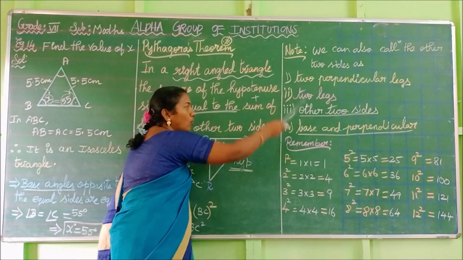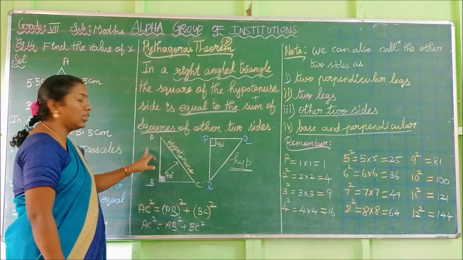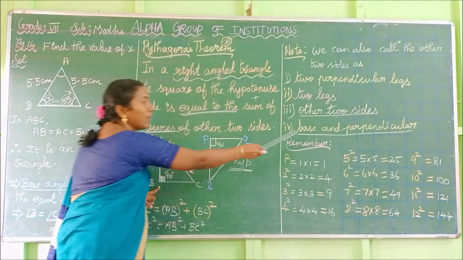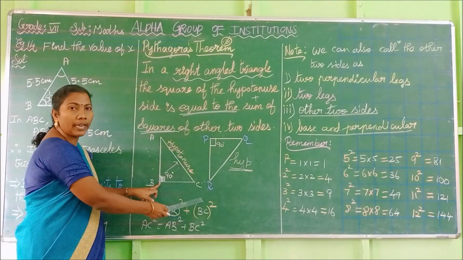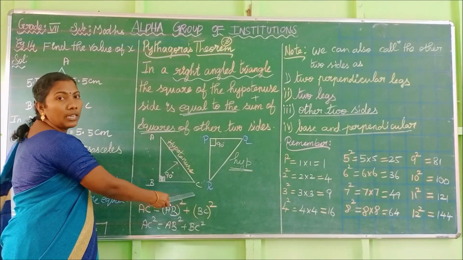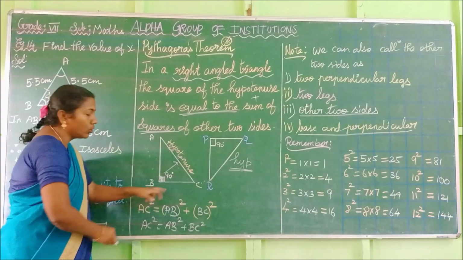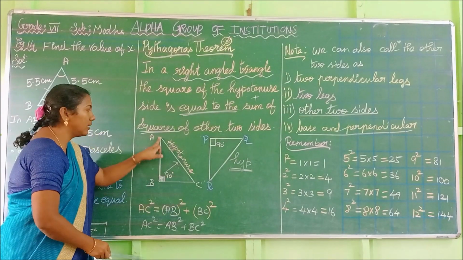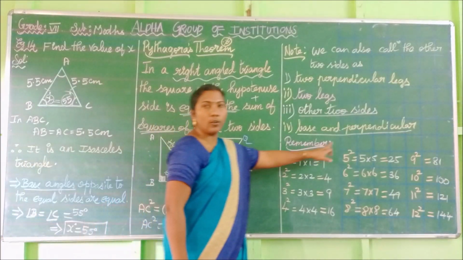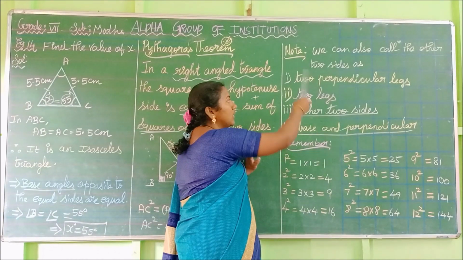All these four terms refer only to these two sides. Here base means this side because this BC is parallel to the ground. So this is called base and this is called perpendicular. I hope you understand the note.